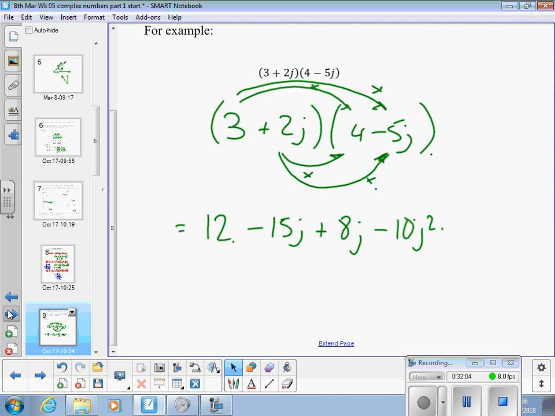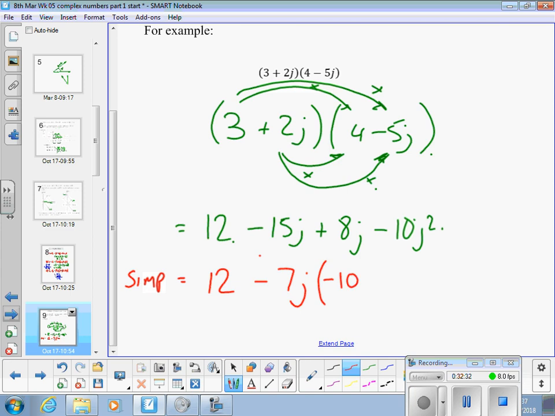So now we'll simplify. 12, no other real term. Minus 15j plus 8j is minus 7j, and then minus 10 times j squared.